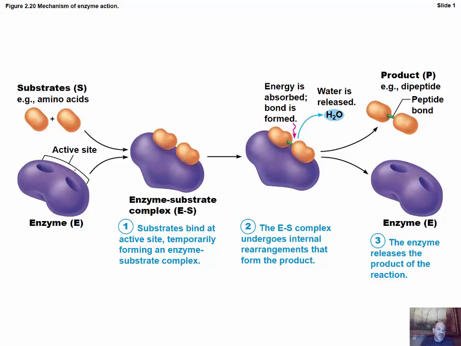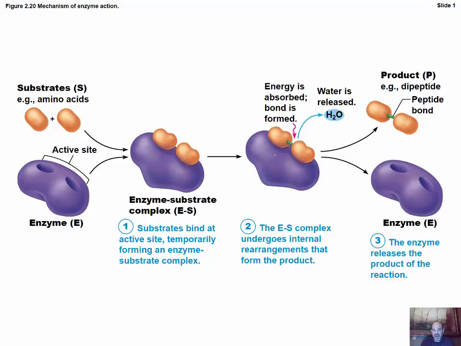So the substrate finds the enzyme, and when bound to the enzyme, forming the enzyme substrate complex here, that enzyme substrate complex is going to change the nature of the energy of the reactants, the substrate, and make it easier for the reaction to occur.